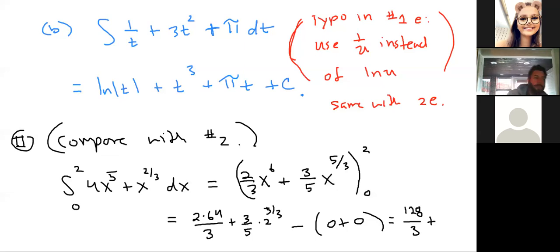But 2 to the 5/3 is the same thing as 2 to the 5th is 32, so you really want the cubed root of 32. One way that you could write this is as 2 times 2 to the 2/3, or 2 to the 5/3, however you want to write it. Or you can leave it like this.